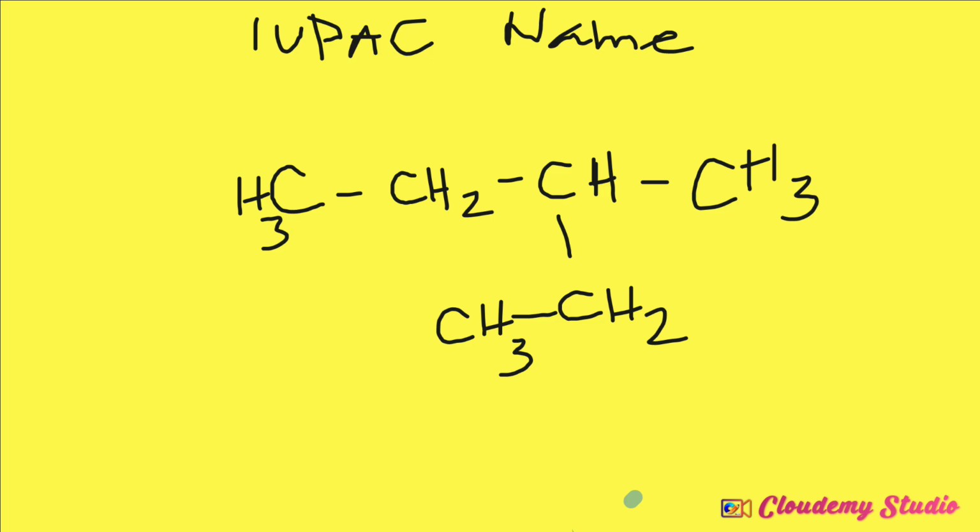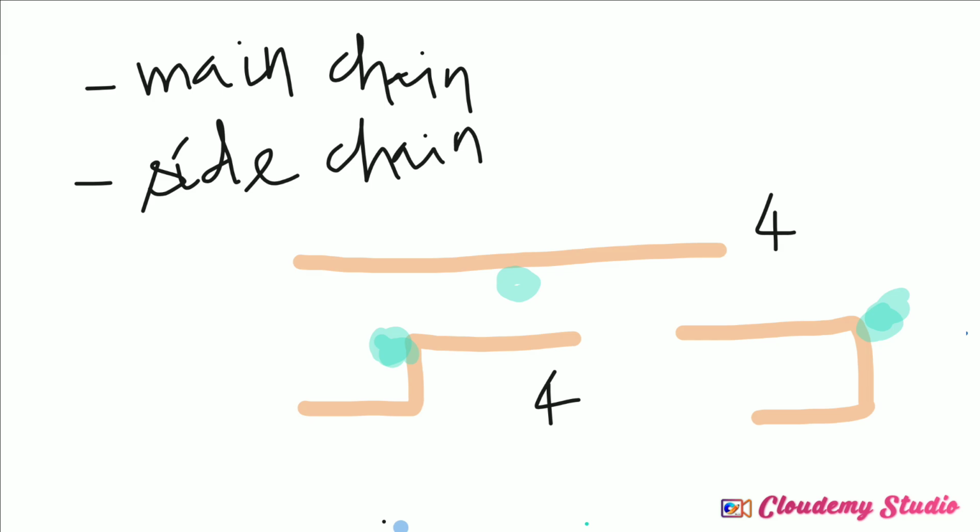This is one carbon, 1 2 3 4 5. 5 carbon atoms are there in this chain.